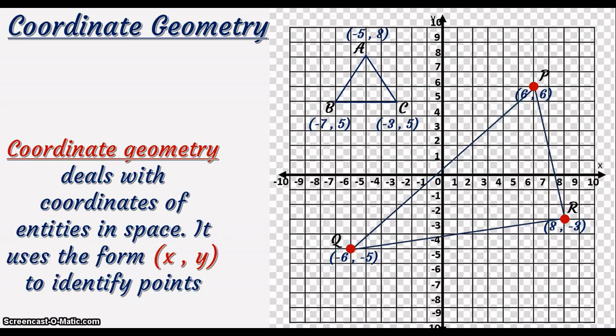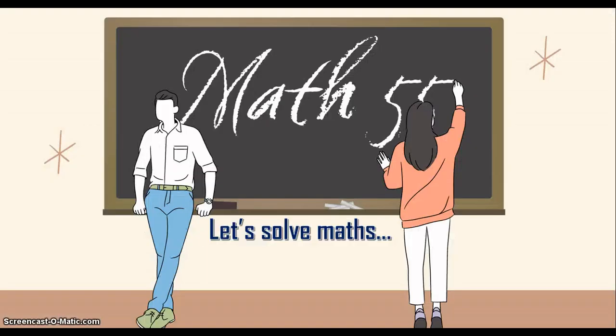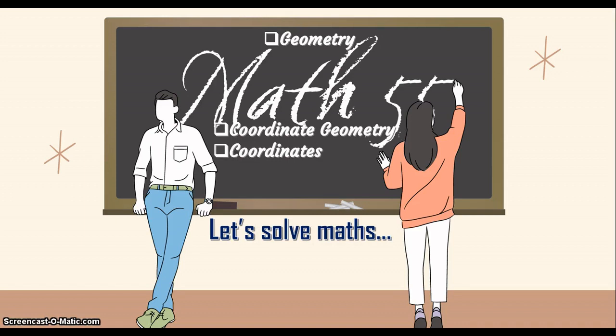Okay, beautiful. Now that you know it, I believe you've learned a thing or two from this session. Remember, this is mathematics. Now it's your turn, but let's have a recap of what we've done so far. We learned what geometry is, a simple definition. From there we went into coordinate geometry, and then we went into what coordinates are.